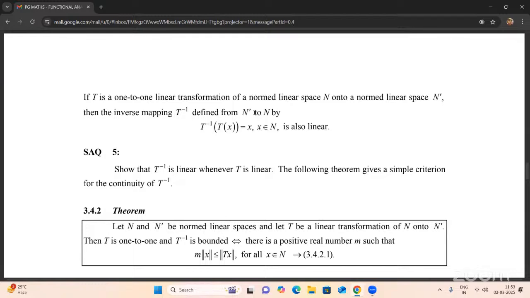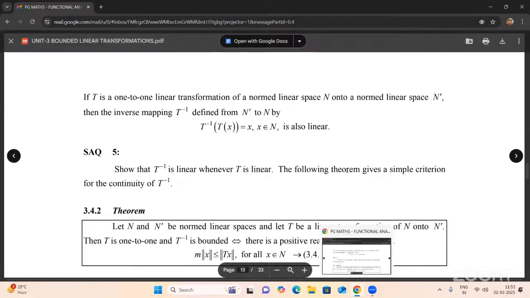So T inverse of T is identity, and at the same time, if T maps n into n dash, then the inverse transformation maps n dash to n.